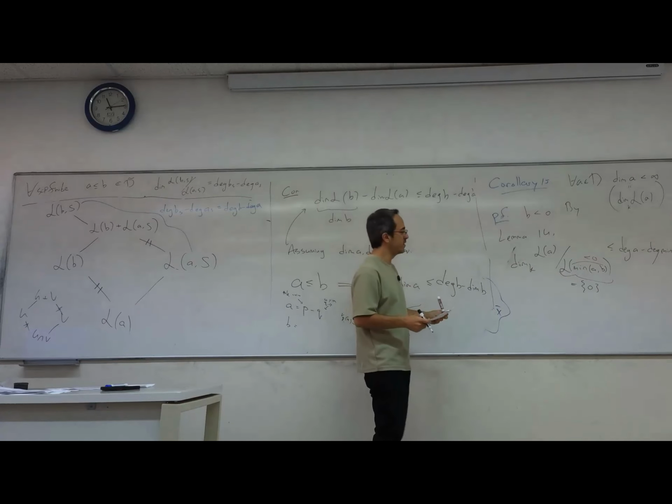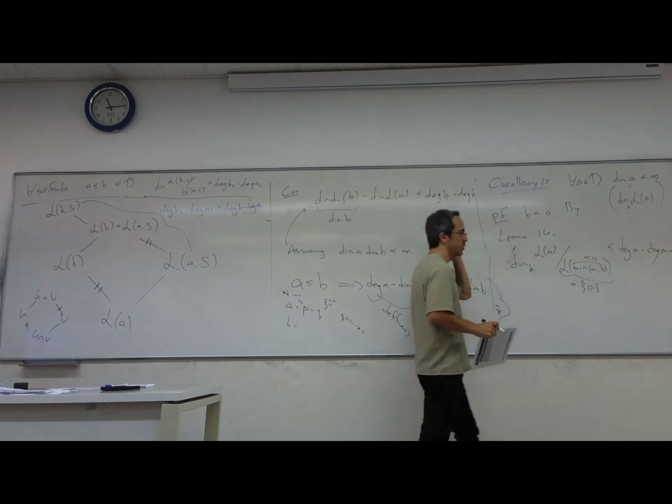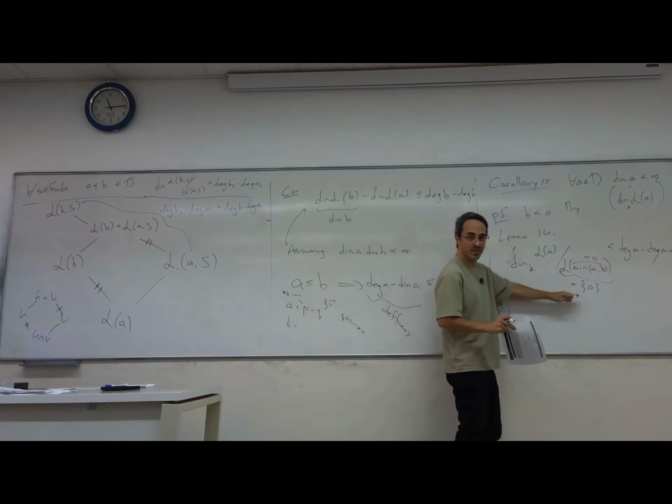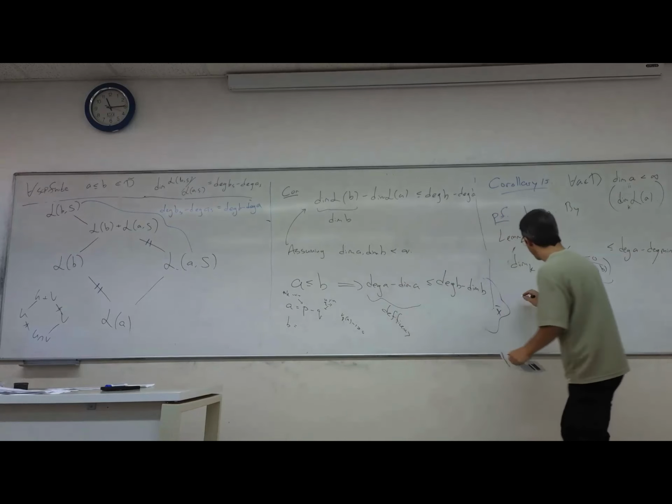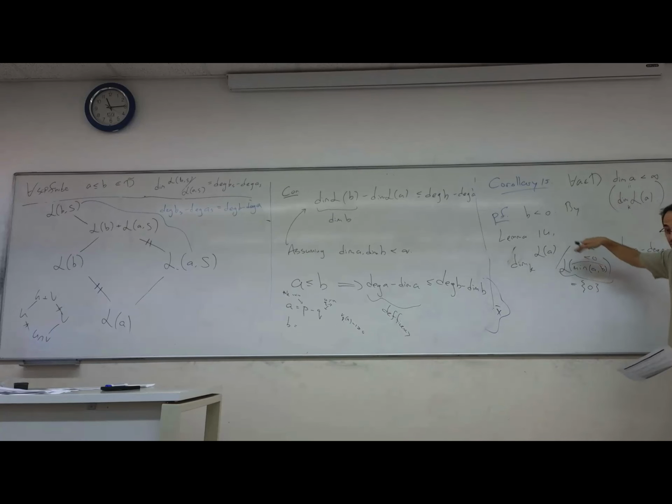If you have a negative divisor, in the sense that we talked about, then the Riemann-Roch space is 0, if you only require 0. So this means you actually quotient by nothing. I could have taken any negative divisor, but I also needed it to be smaller than A to apply the lemma. So I just combined them. I took a negative divisor and something that's smaller than A and did it like that.